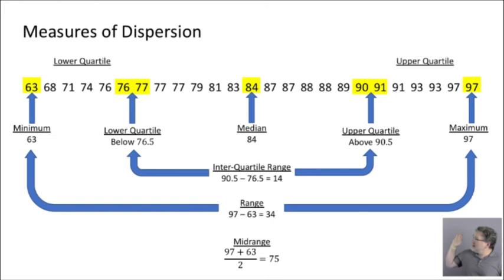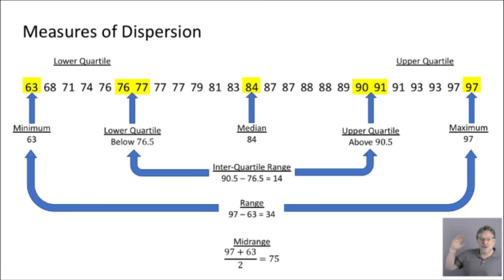Half the data is in between those two locations, because there's a quarter between the maximum and the upper quartile, a quarter between the upper quartile and the median, another quarter between the median and the lower quartile, and another quarter between the lower quartile and the minimum. So two of those quarters are on either side of the median.